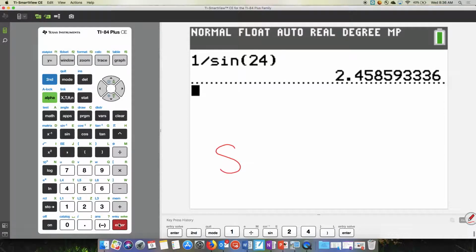Work together at your table to compare answers. Please evaluate the secant of 5 pi over 12.